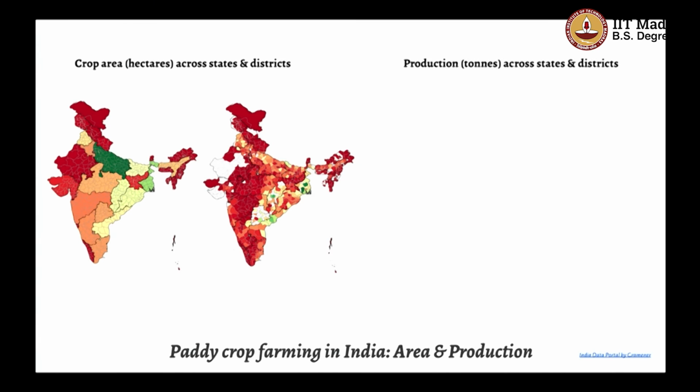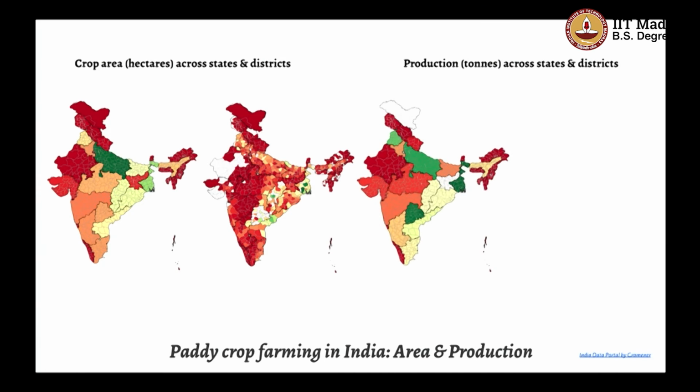And you can see the same sort of pattern when you look at production, which is how much they create, or the yield, or the amount that they give at the end of the farming, right. In this case you can see Punjab and UP have fairly high production, and West Bengal and Telangana stand out a lot more for their overall production.